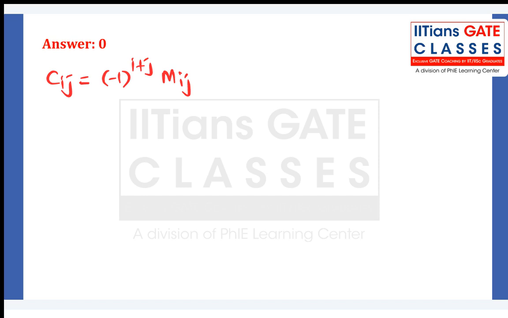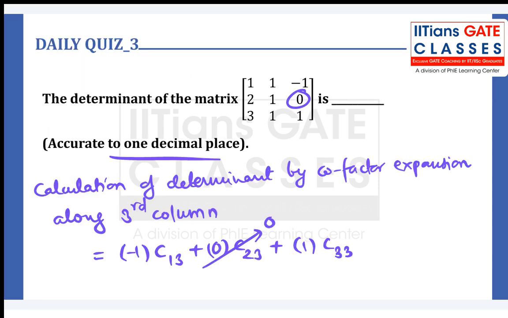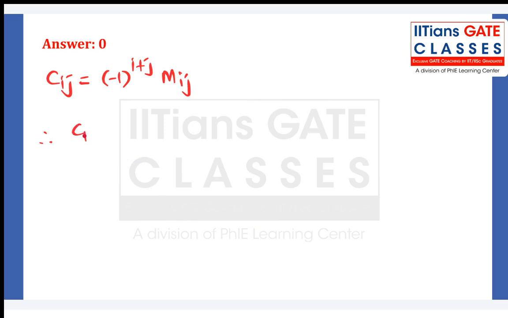So how to find the minor? Minor is nothing but the determinant that you get by eliminating that row and that column from the matrix and taking the determinant of the rest of the terms. So this C13 will be minus 1 power 4 into M13. It is just 1 into M13, so it's basically M13.